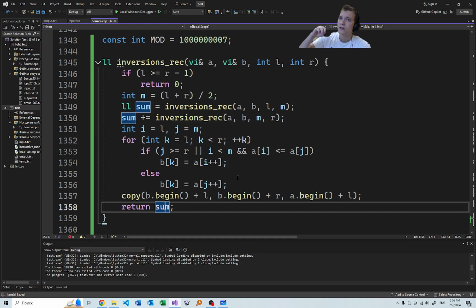If the element that we take is from the left part, it does not add to the number of inversions, but if it is from the right part, then it adds.